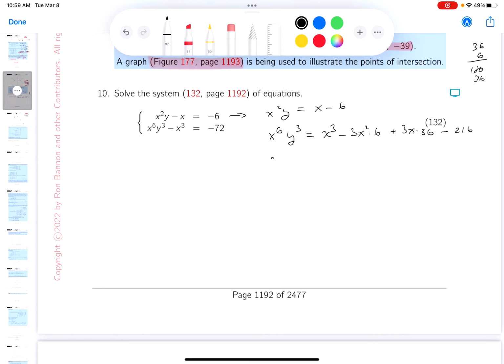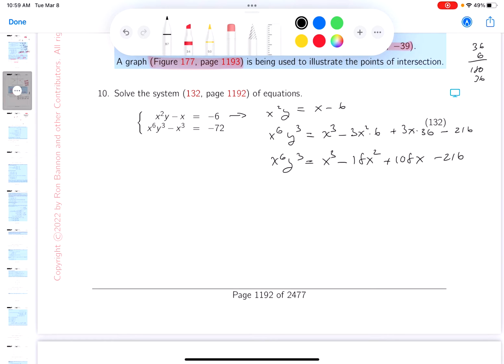Let's simplify that. And 3 times 36 is 108, so 108x minus 216. All right, I'm doing it different than the key, by the way.